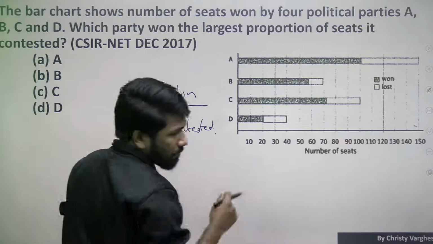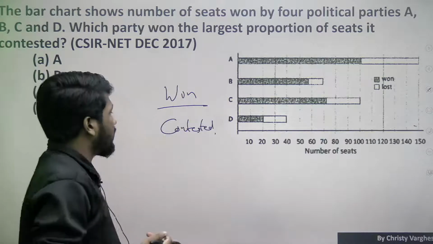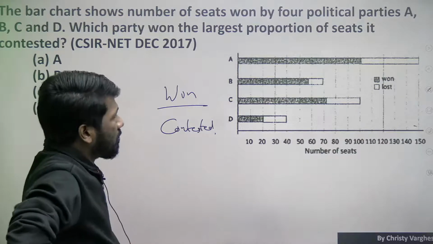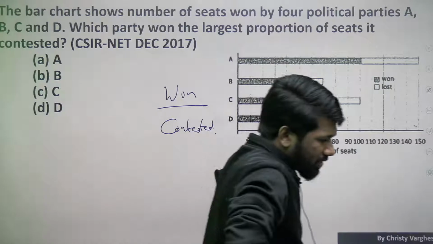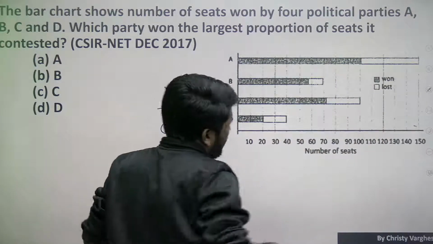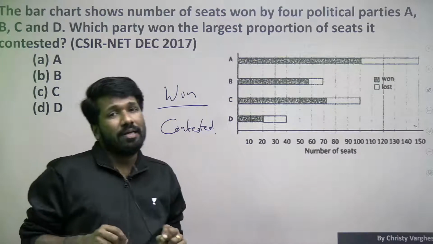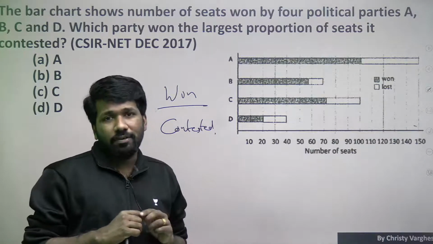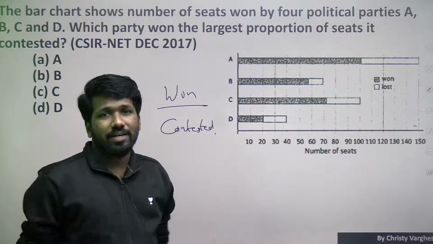This proportion should be maximum, and if it is a percentage, multiply by 100. You can either calculate it and check, but that is not necessary, because if you analyze the picture visually, you can conclude it intuitively. You don't have to calculate at all. How?